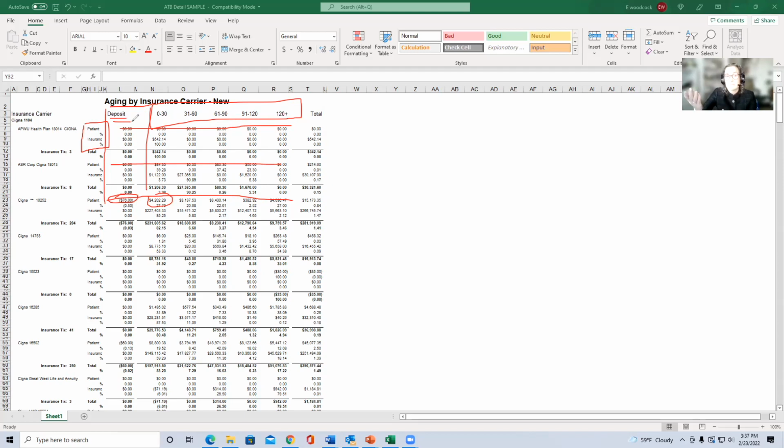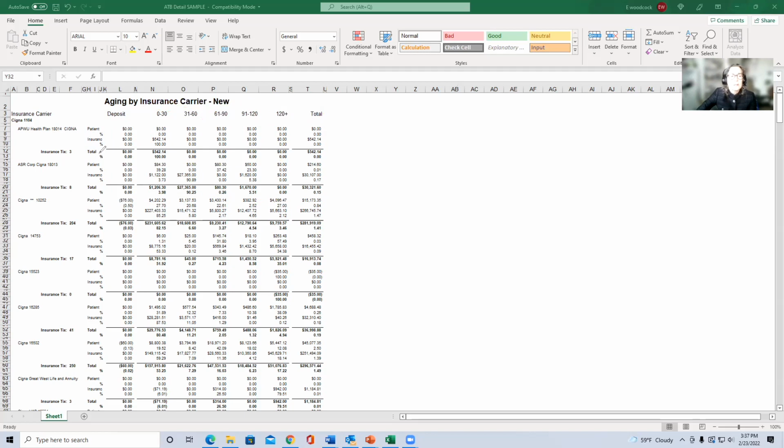If I was using the practice management system, I would want to sit down with my support team and say, explain exactly what's going on here, because you need to understand that if you're going to be a good receivables manager. We also have our aging categories here, 0 to 30, 31 to 60, 61 to 90, etc. These are in days unless otherwise told. And then you have a total column right here.